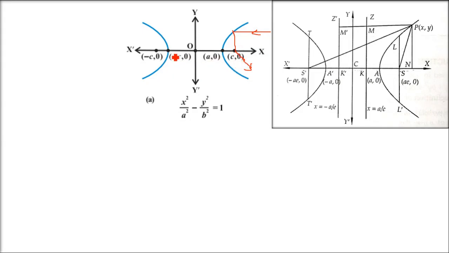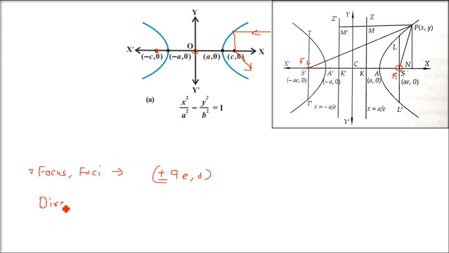I proved it in the previous discussion that if 0, 0 is the center, this focus F1, and there are two foci actually. Because there are 2 of them, I call it foci. So if we want to point out the coordinate, it's C, 0, but C, I proved it to be AE, 0. Similarly, on the left side, it will be minus AE, 0. So let us combine them: plus minus AE, 0.